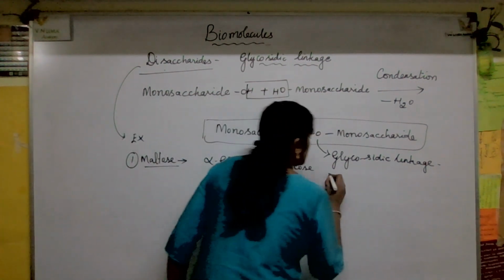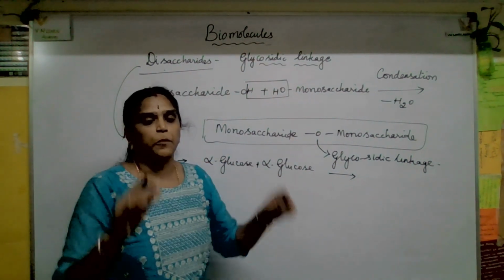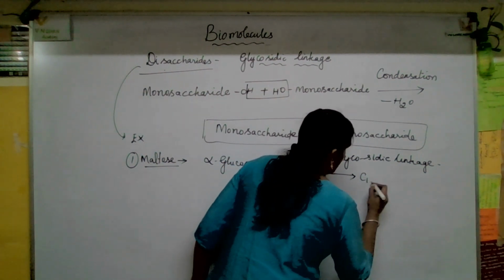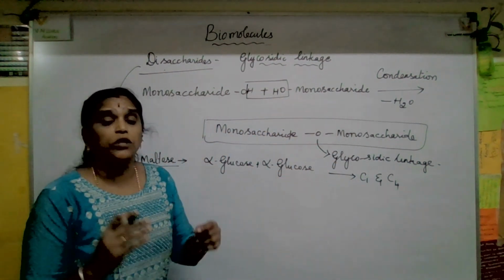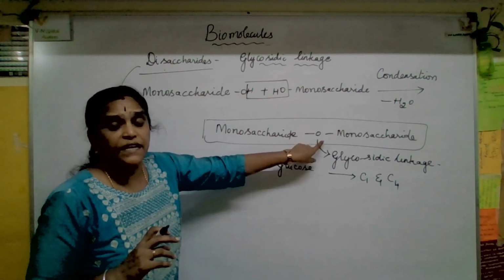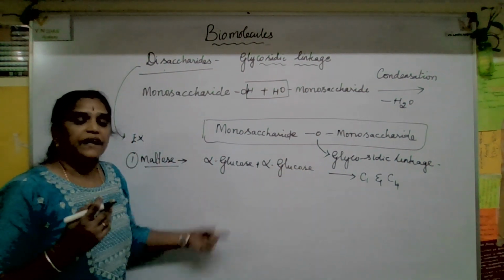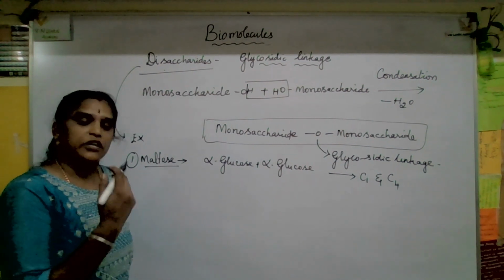The position of the linkage: in the Haworth structure, six-membered ring, C1 and C4 are the positions connected. I will write these examples, then we will go to the Haworth structural formula.